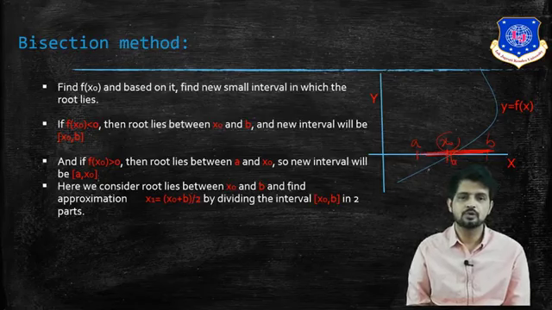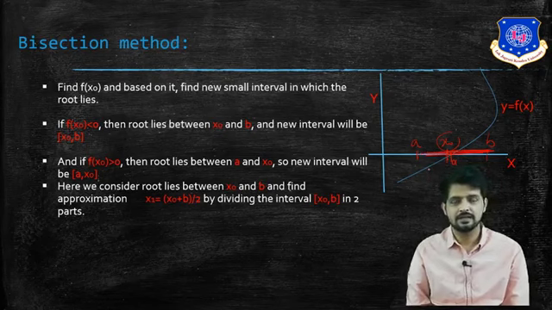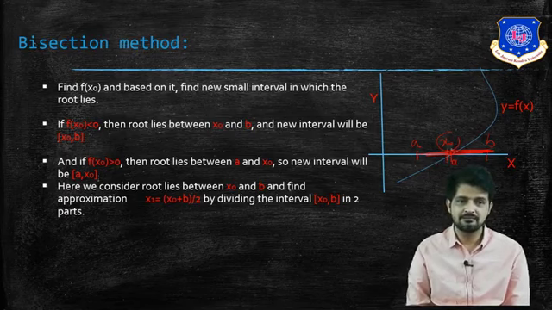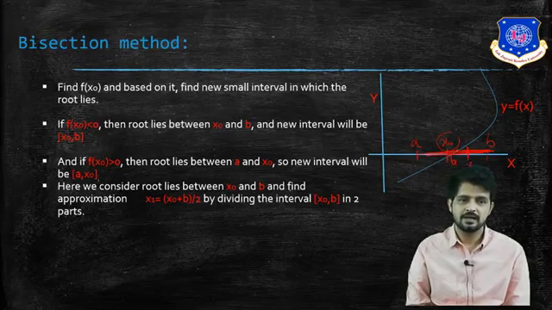So we have to reduce the size of the interval, and we have to find different approximations by bisecting the interval in between. For example, my interval is x0 comma b, then I have to bisect it, and after bisecting, find x1. Again, reduce the interval, find the next approximation.